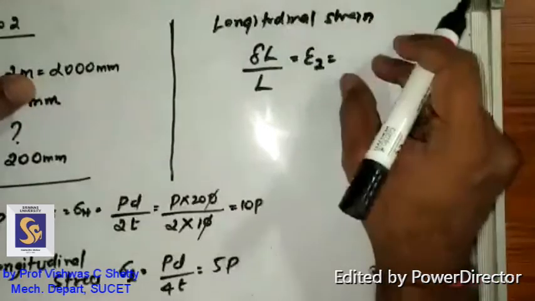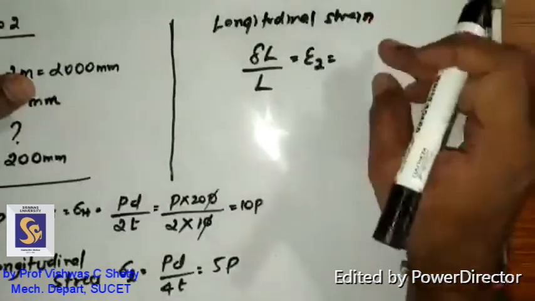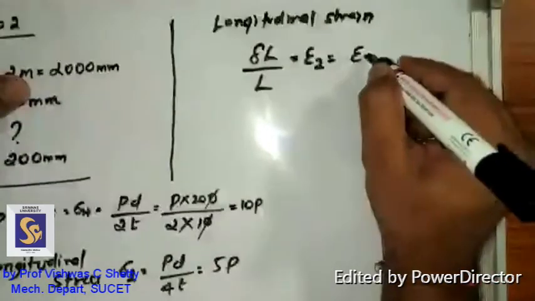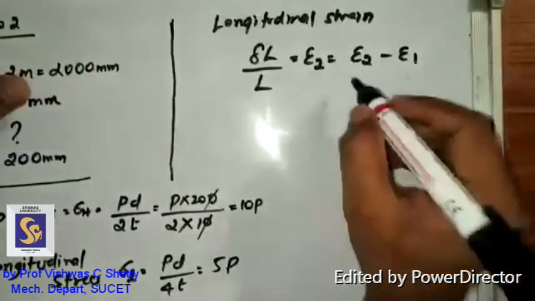Now you consider the change along the longitudinal direction as positive. So make it epsilon 2 minus epsilon 1.